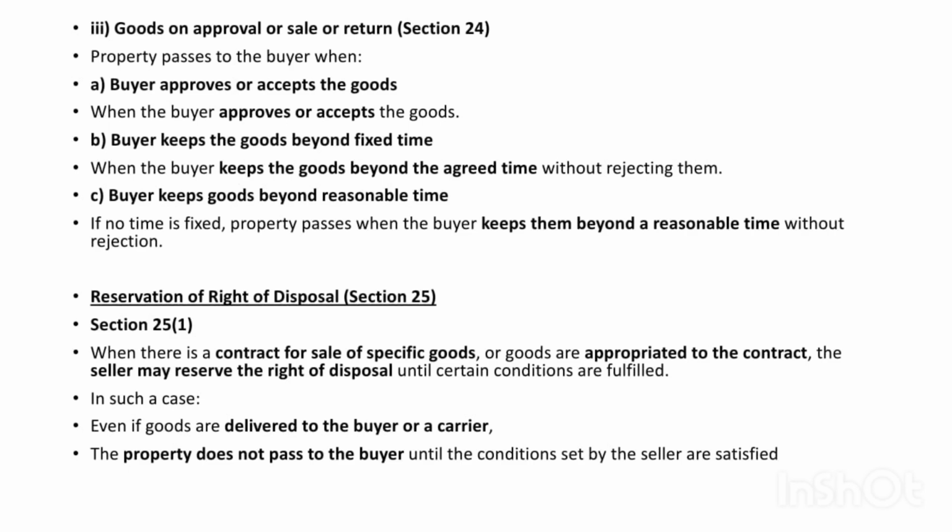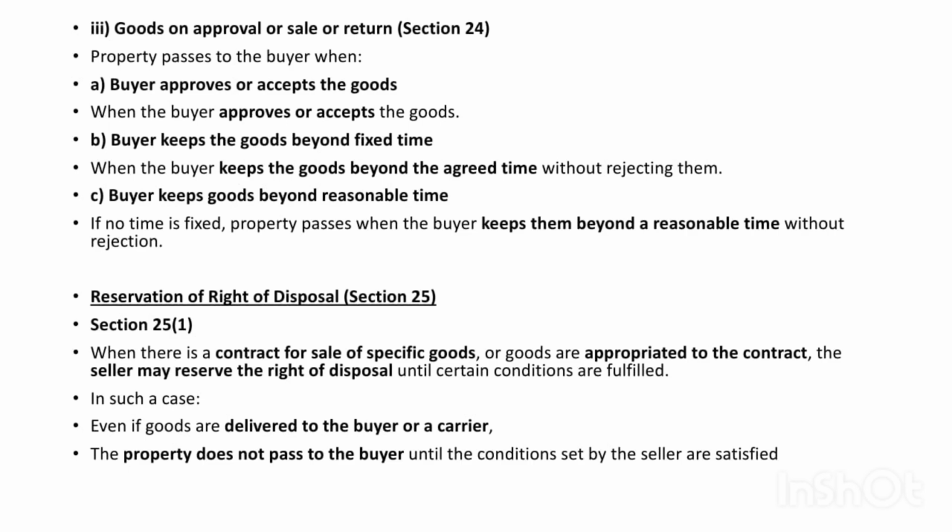Now let's move on to the 25th section, reservation of right of disposal. This is the opposite concept. This protects the seller. When there is a contract for sale of specific goods or goods are appropriated to the contract, the seller may reserve the right of disposal until certain conditions are fulfilled.